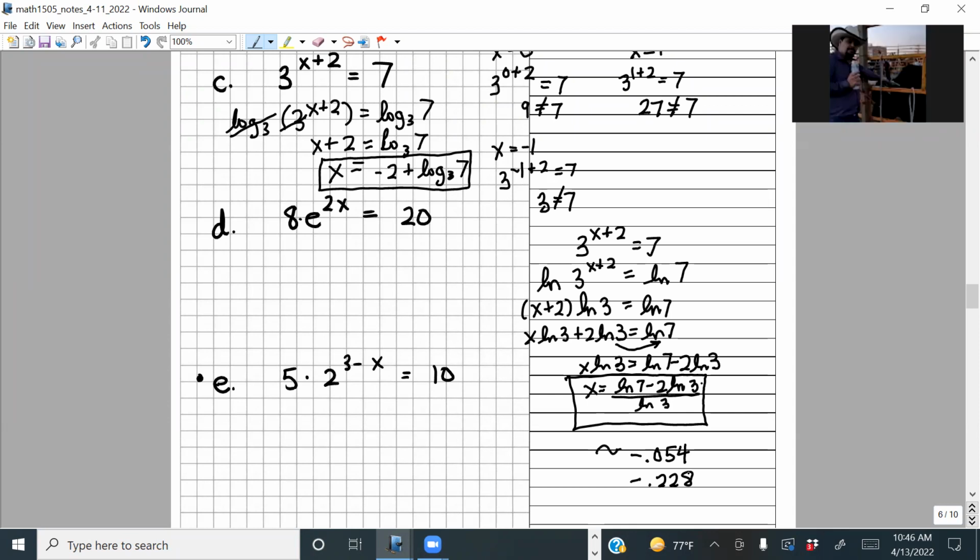So we've got a dispute here. Okay, good. Y'all stay minus 0.228.